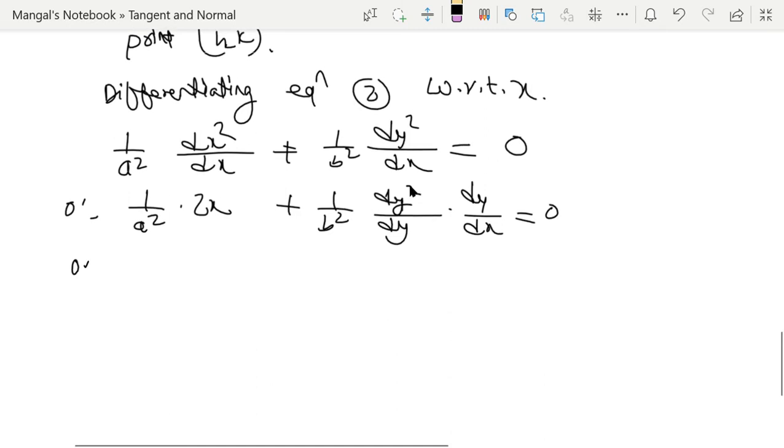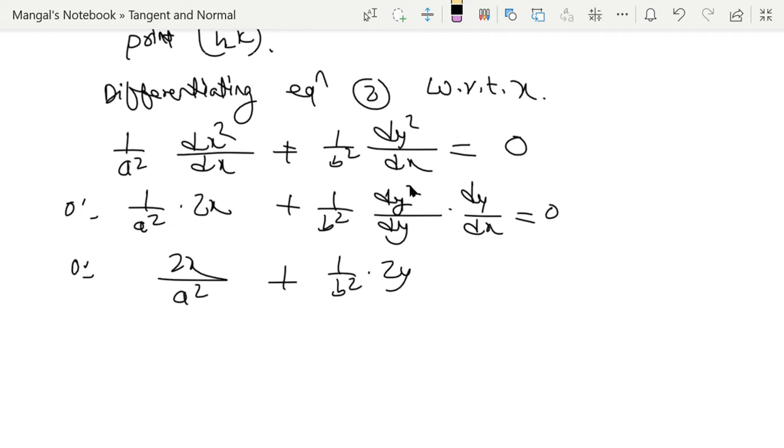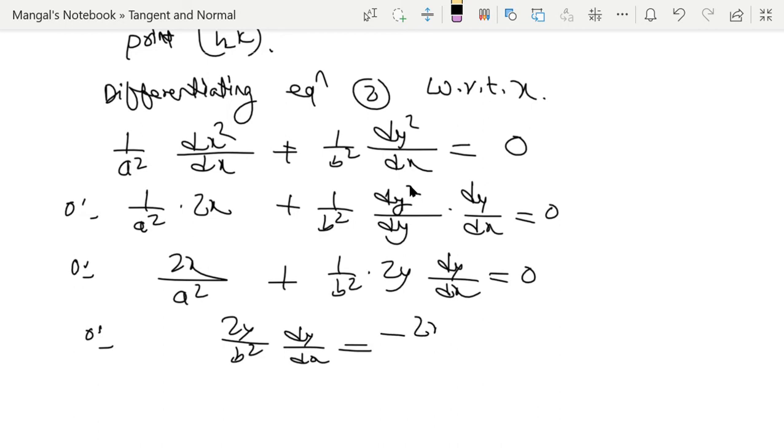Then we get 2x by a square plus 1 by b square, and the derivative of y square with respect to y is 2y, into dy by dx. So 2y by b square into dy by dx equal to minus 2x by a square.